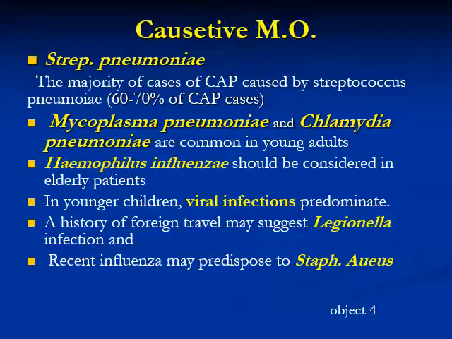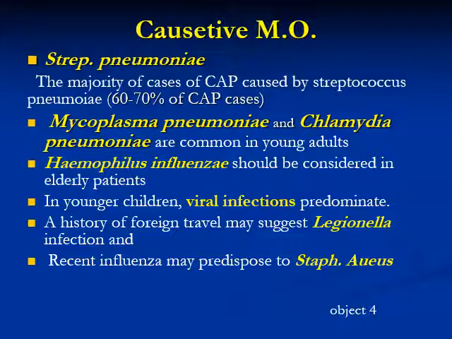We come to the causative microorganisms of community-acquired pneumonia. As I mentioned, there are many bacteria causing it, but the commonest one, and the majority of the cases, are due to Streptococcus pneumoniae, or pneumococcus.